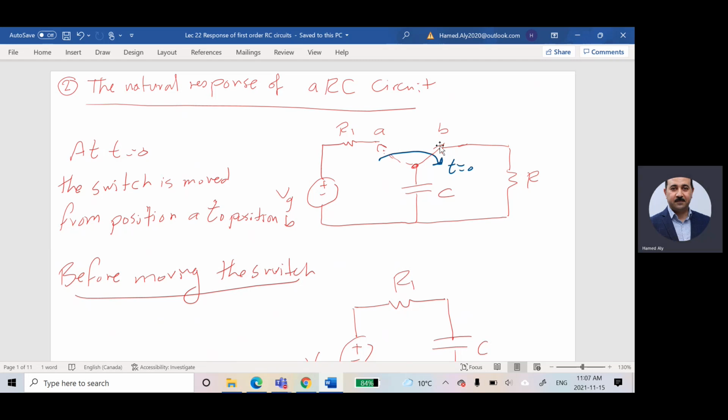Because the voltage across the capacitor is not changing instantaneously. So the voltage across the capacitor immediately before moving and after moving the switch is Vg.